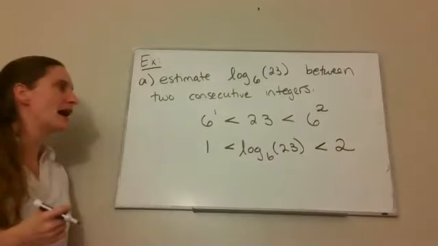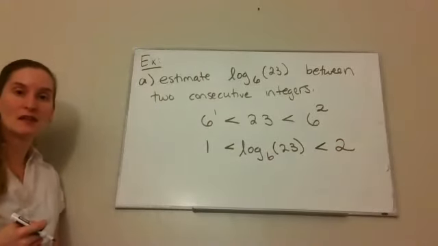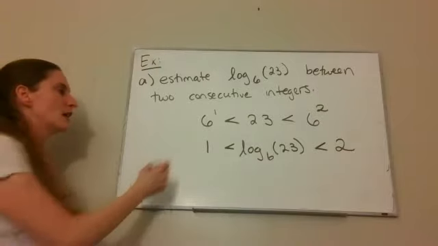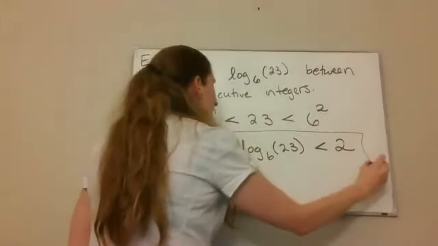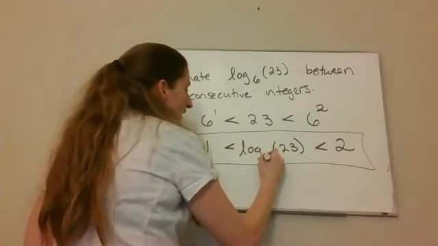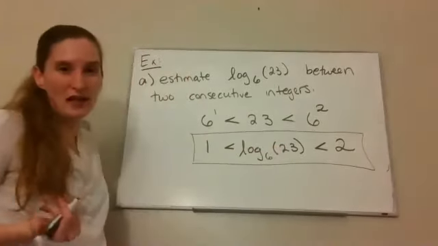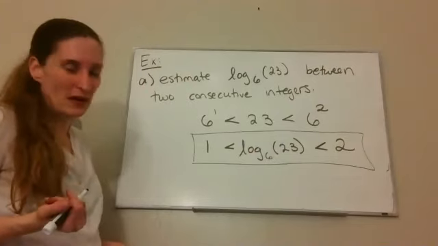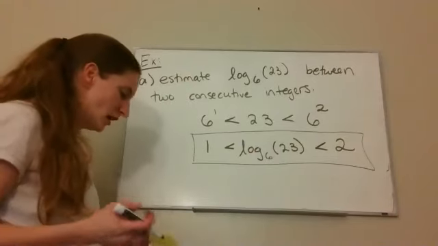Those are just the powers on 6 that will get us that result. So here I have estimated my logarithm base 6 of 23 as being something between 1 and 2, even though I don't know what it is. I just know it's between 1 and 2.